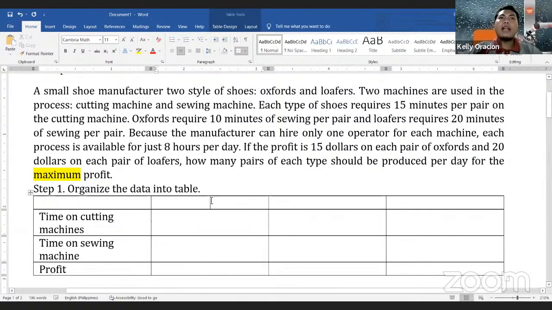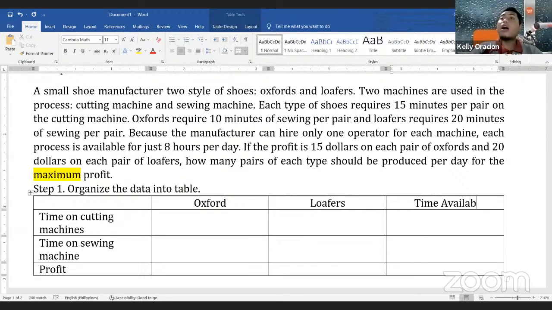This column is for the Oxford shoes. This one is for the loafers shoes. And this is the time available. What is the time available? It is what they can work, 8 hours. The problem says the availability of the time is 8 hours because there is only one operator.